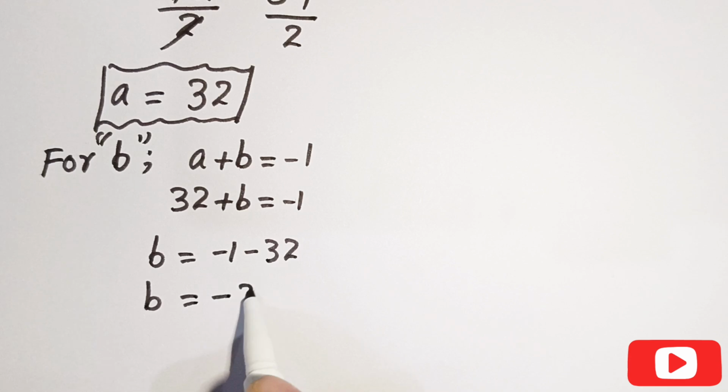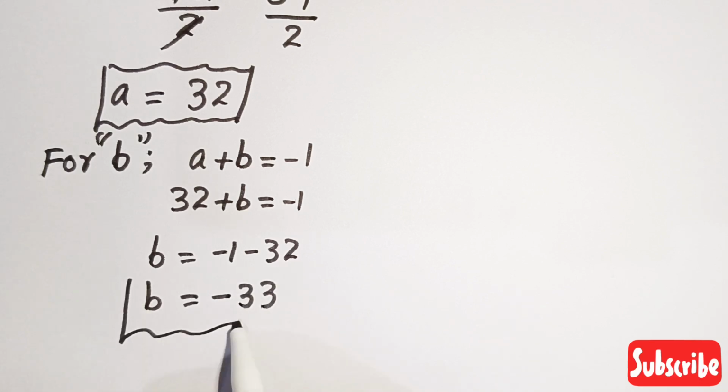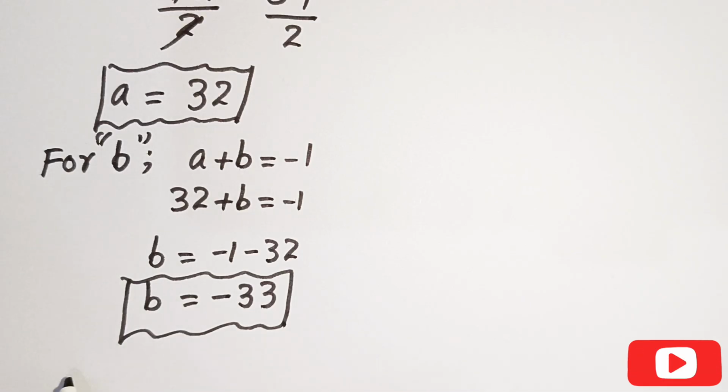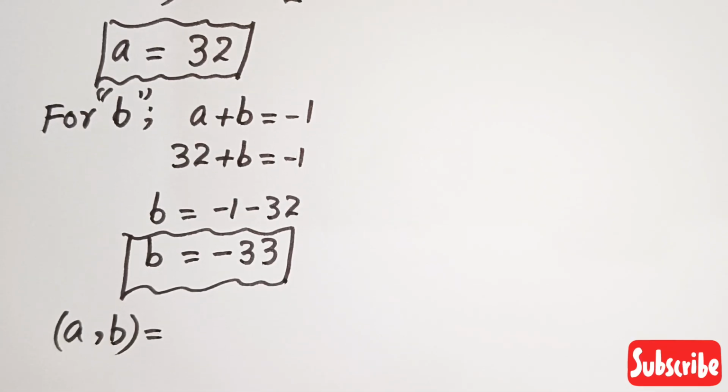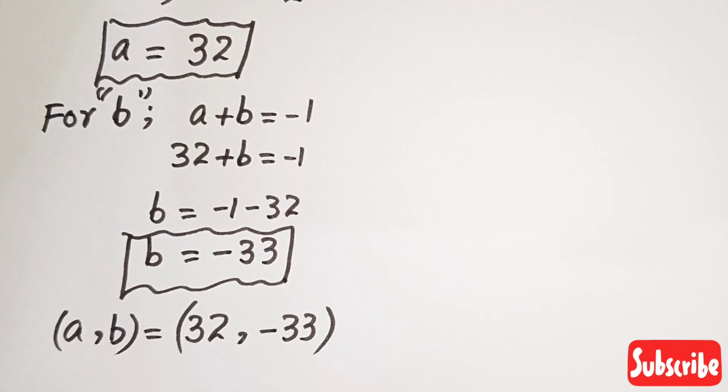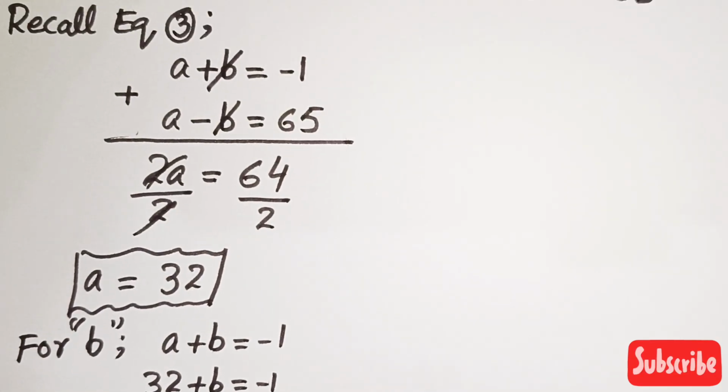So b is equal to minus 33. So we write that a and b is equal to, here the value of a is 32 and b is minus 33.